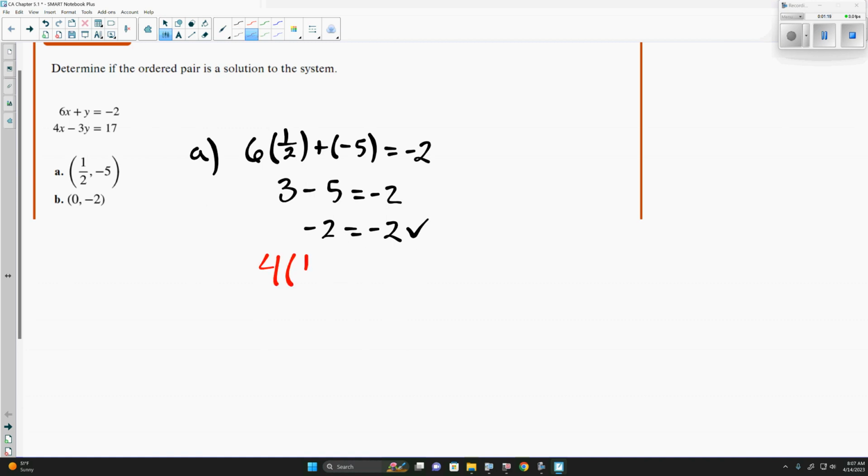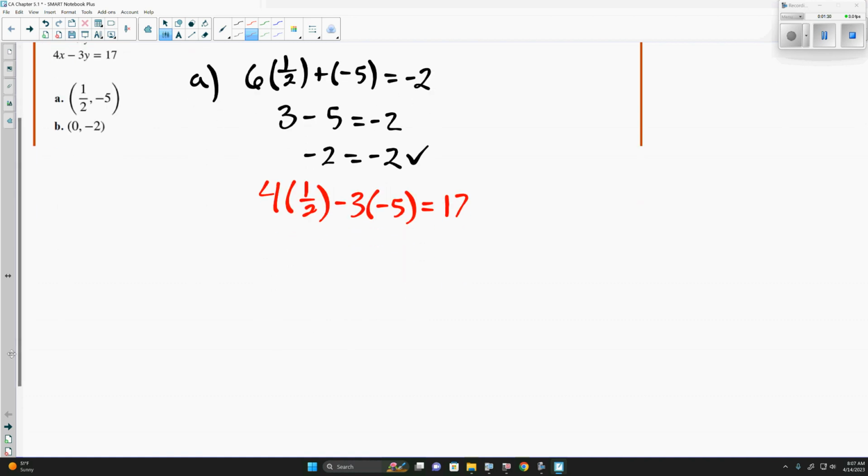So 4 times 1/2 minus 3 times -5 is equal to 17. Now on this one here, either one, we could plug this entire side into the calculator and let it do it for us. If we do it by hand, 4 times 1/2 is 2. -3 times -5 is plus 15.